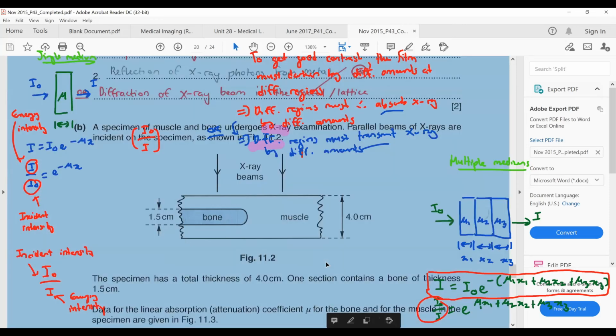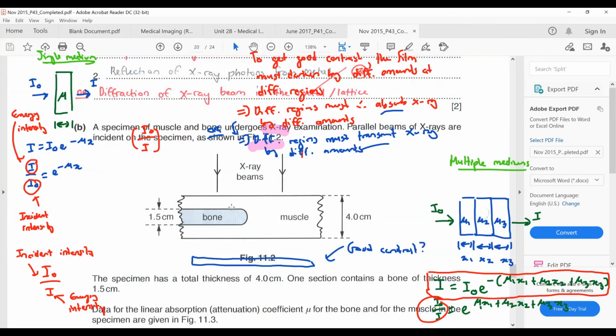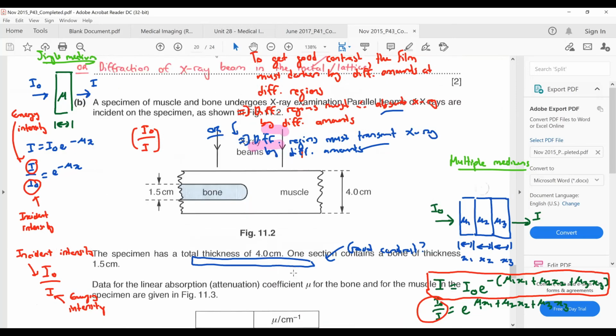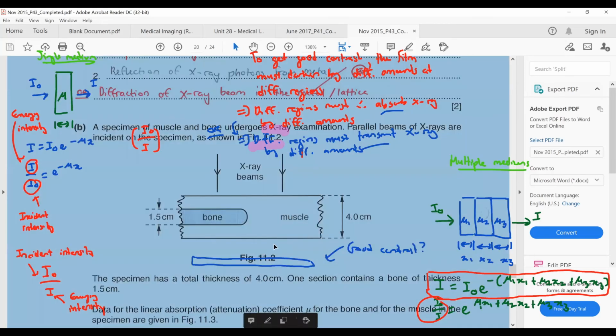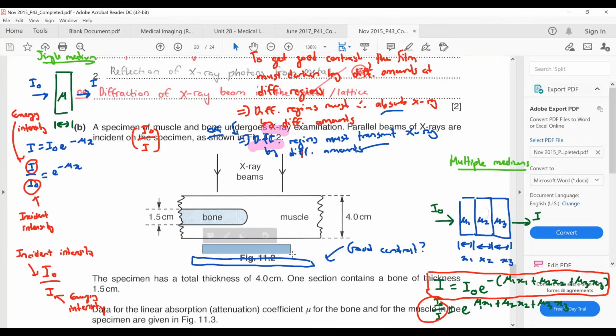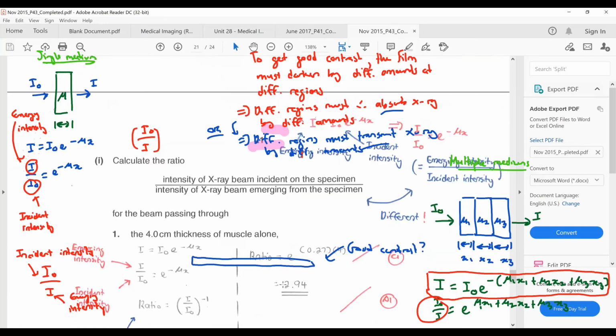What they want to know is, if you had an X-ray film here, once you pass your X-ray beam through this medium, will you have good contrast? For good contrast, this region and this region must absorb X-ray by very different amounts, so that the amount of X-rays you have here will be very different from here, then the darkening here and here will be very different. So then you get good contrast.